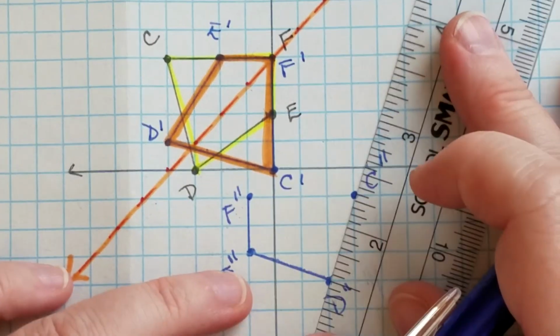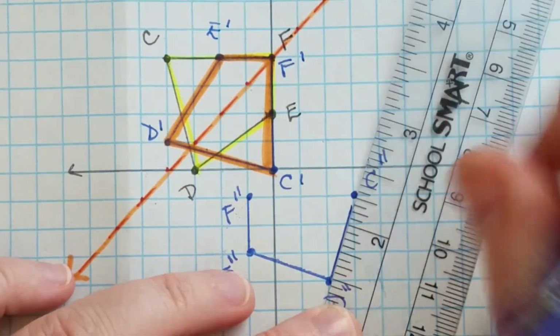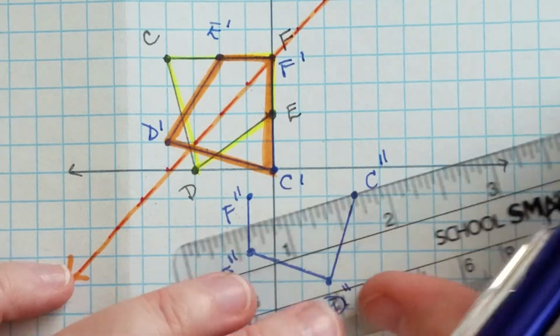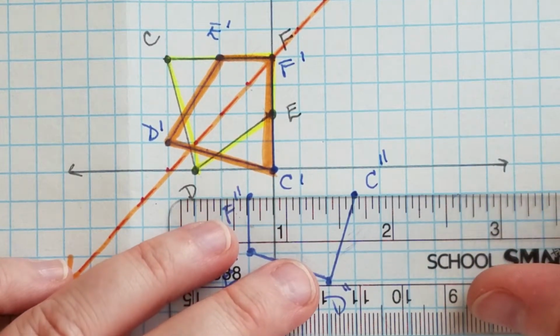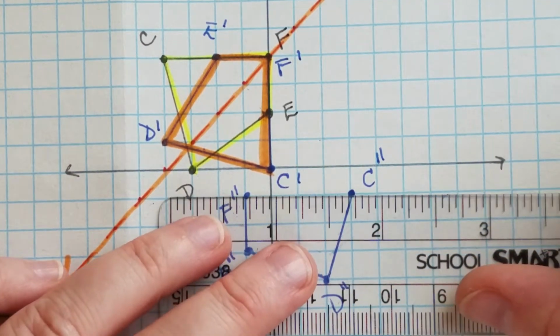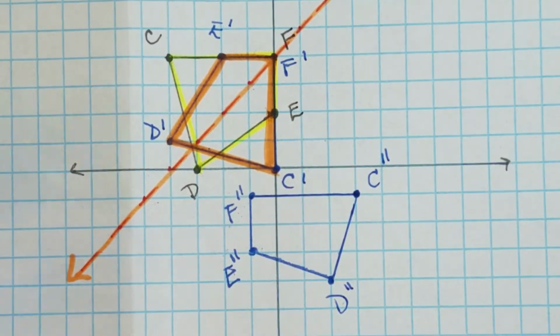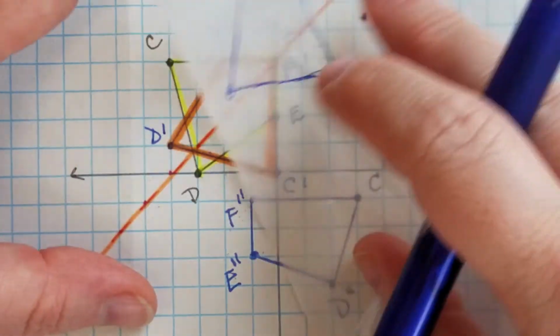All we're doing here is doing more than one transformation on the same figure. Looks a little skinny, doesn't he? Let's double check our transformation.